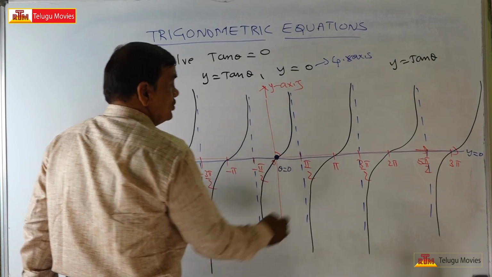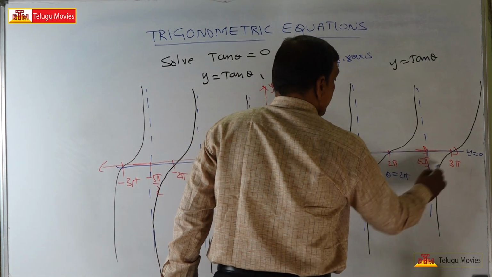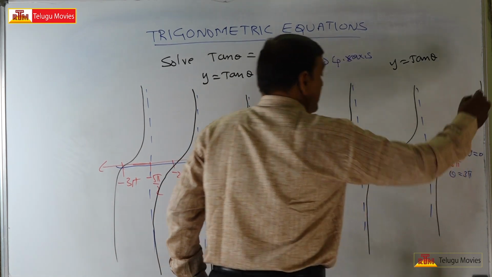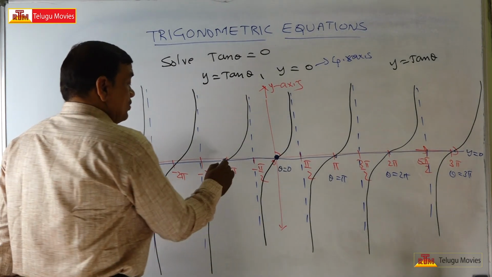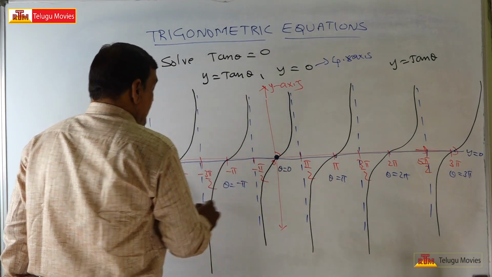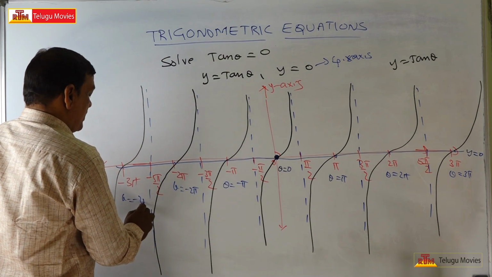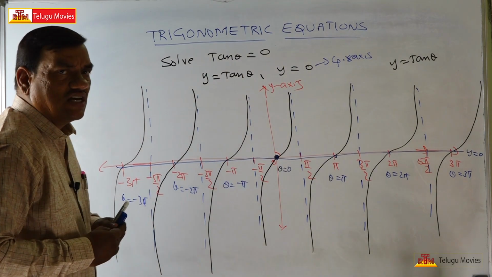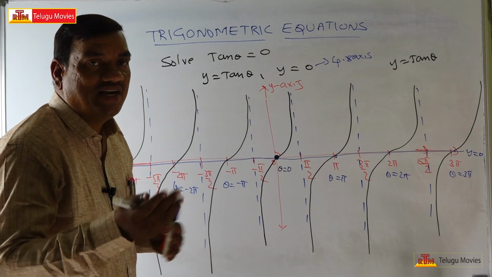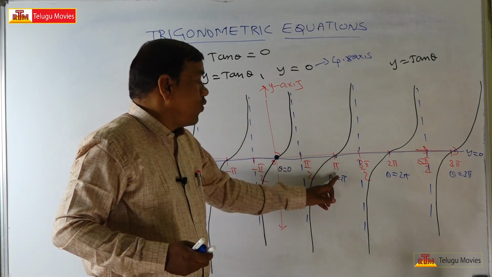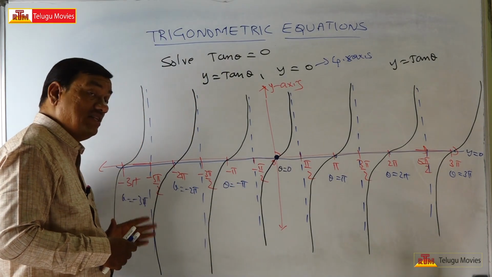Theta is equal to 0, pi, 2 pi, 3 pi, 4 pi, 5 pi, 6 pi. Coming to this direction, theta is equal to minus pi, minus 2 pi, minus 3 pi. You observe these solutions are the same as for sin theta equal to 0: 0, pi, 2 pi, 3 pi, and on this side minus pi, minus 2 pi, minus 3 pi.